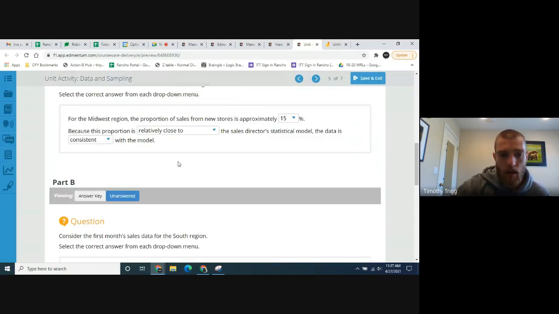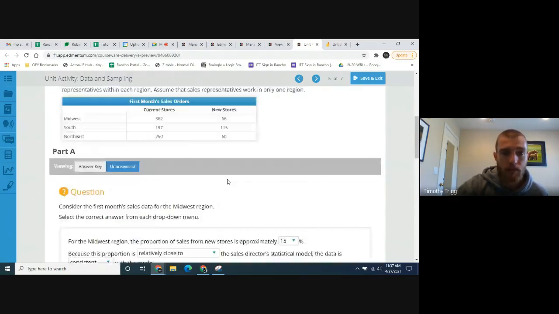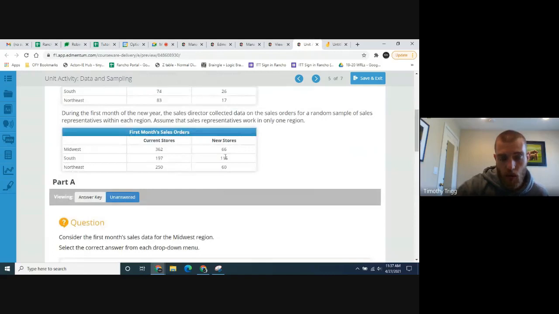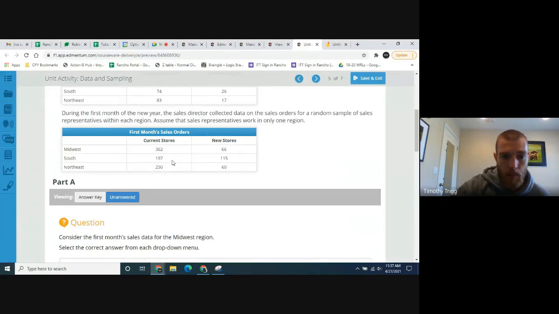So for the South region, the proportion of sales is approximately, okay. So for the South region, let's see. So it was 115 from new stores. So for the South, 115 from new stores out of, and then it will be 197 plus 115.